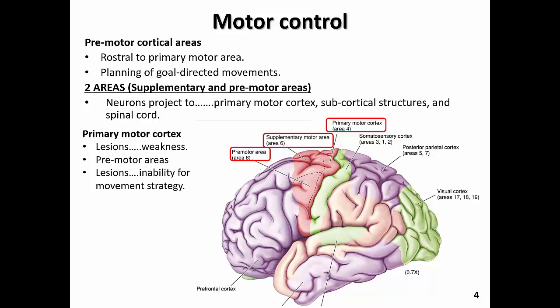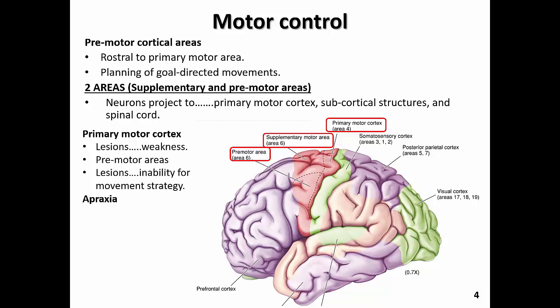The muscles will be able to be activated, but the inefficient activation of those muscles will be revealed by the actual movements. And just as a review here, as opposed to lesions in the primary motor cortex, in which these neurons project directly to lower motor neurons, those lower motor neurons would not be able to be activated, and as a result, muscles would not be activated, resulting in muscle weakness.